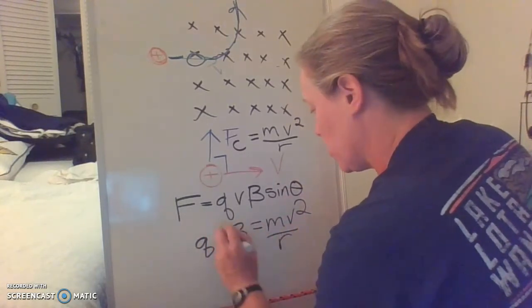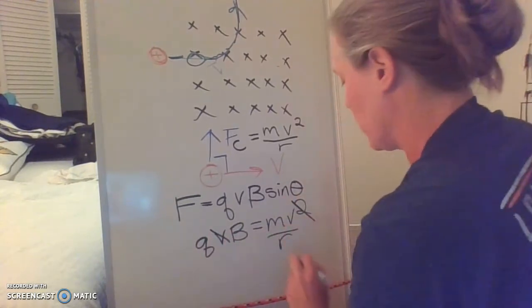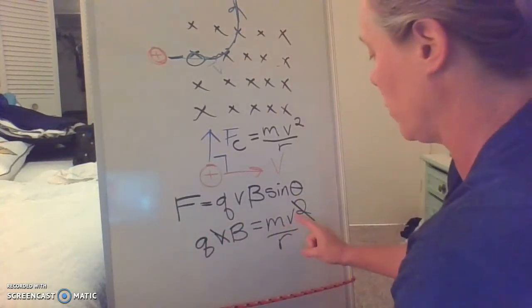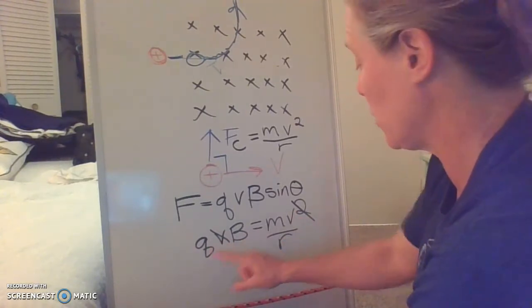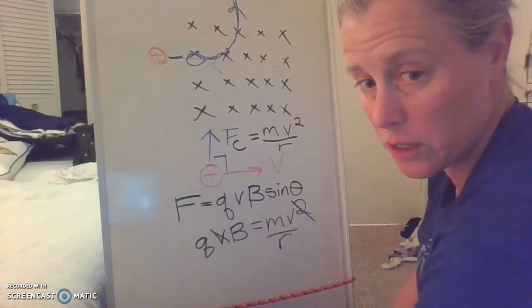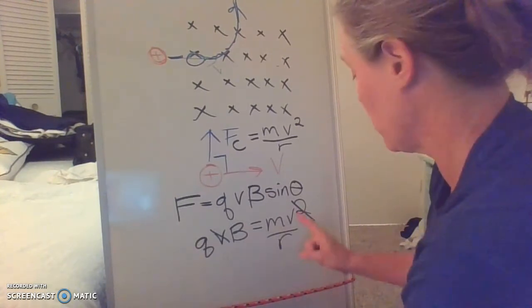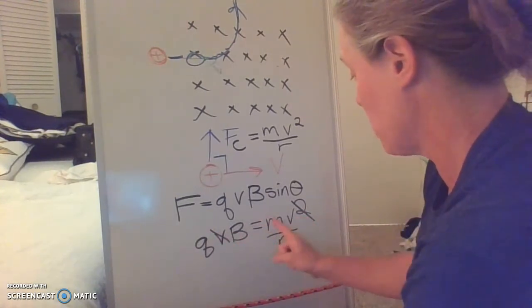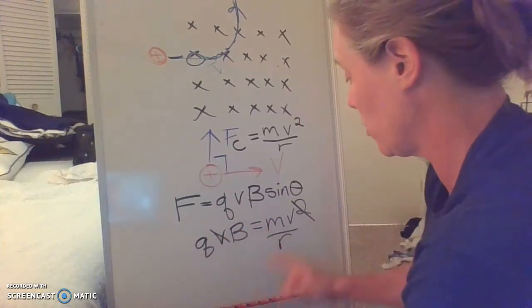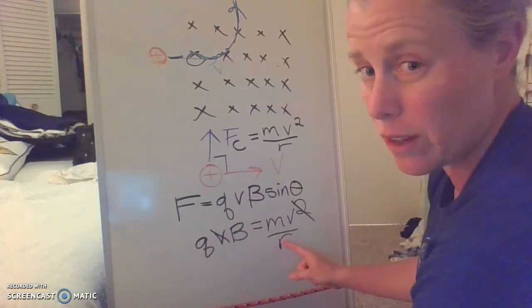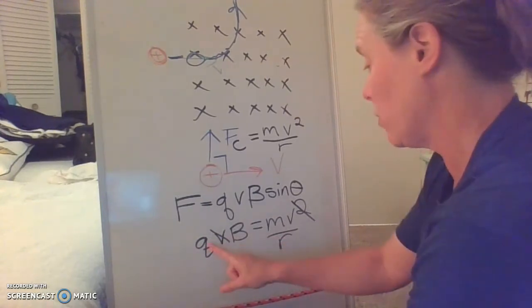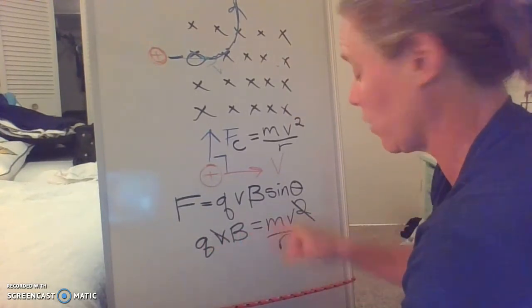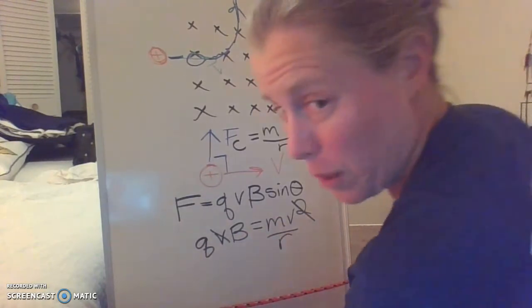Speed of the charge, we cancel that out. I can figure out basically the radius of my motion if I know my field, my charge, and the mass of the object. So speed, mass, field strength, charge, I can find my radius. Or if I observe a radius, and I know the charge, the field strength, and the speed, I can find my mass.